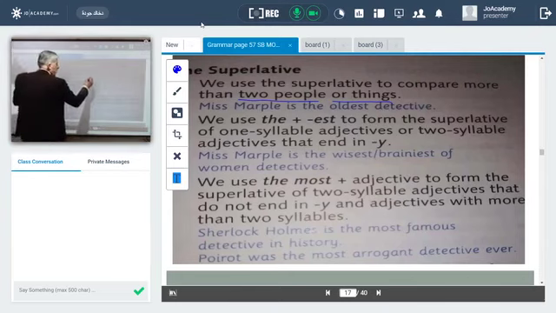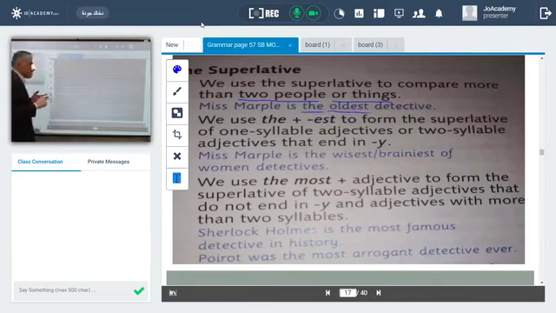She is the oldest. Notice here we use the plus the adjective, and we added est to the end of the adjective, so it becomes the oldest detective. So Miss Marple is the oldest detective among the old detectives, three or four. She is the oldest one.